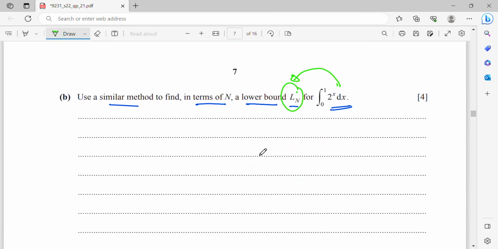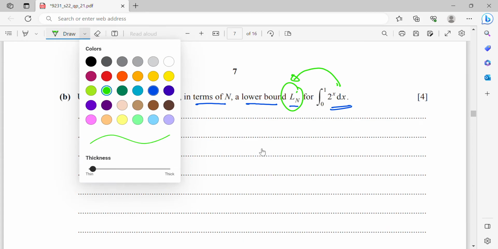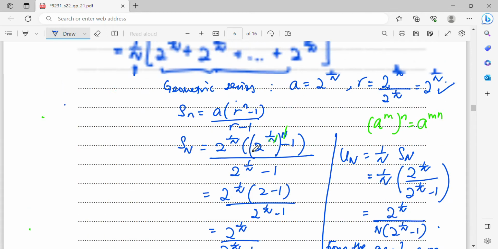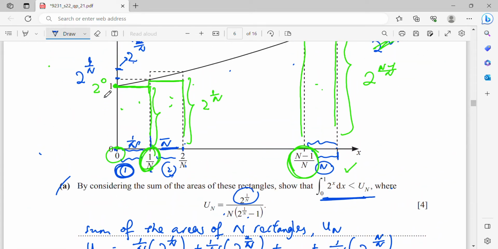So now my Ln will be the sum of, no need to define, right? I will just directly find 1 over n times the first one, which is 2 power 0, and the second is 2 power 1 over n.